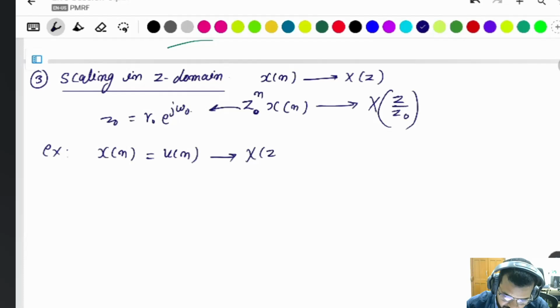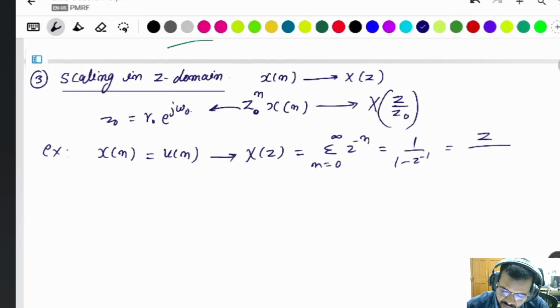X(z) is the sum from n equal to 0 to infinity of z to the power of minus n, because u[n] is nonzero only from 0 to infinity. This function will be 1 over 1 minus z inverse, that is z divided by z minus 1, which is the z transform of u[n]. All of you know about that.